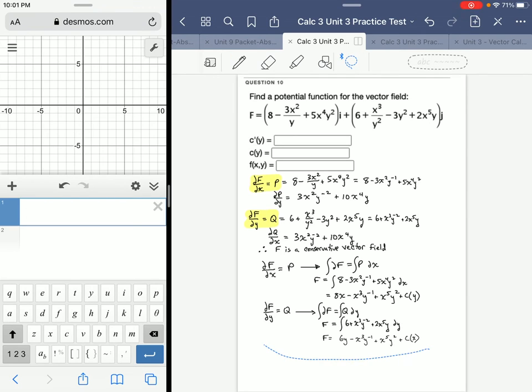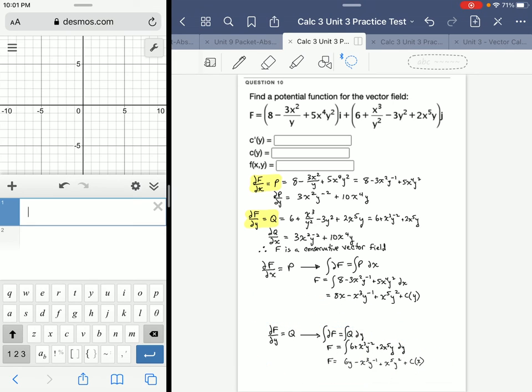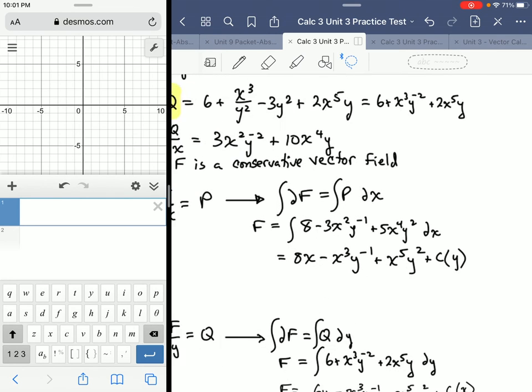So what we could do now is look at each one of these solutions and compare it to really what we started with, because we know partial f with respect to y was equal to 6 plus x to the third y squared and all that good stuff. But what we have here is a new expression that we could use to represent the function f. Right?